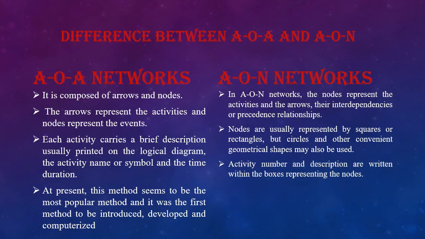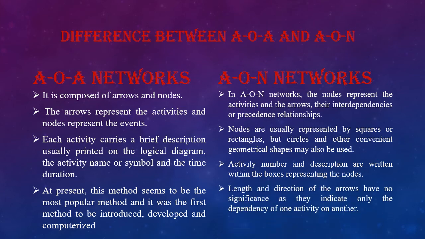Activity number and description are written within the boxes representing the nodes. Length and direction of the arrows have no significance as they indicate only the dependency of one activity on another. So basically AOA is event oriented and AON is activity oriented.